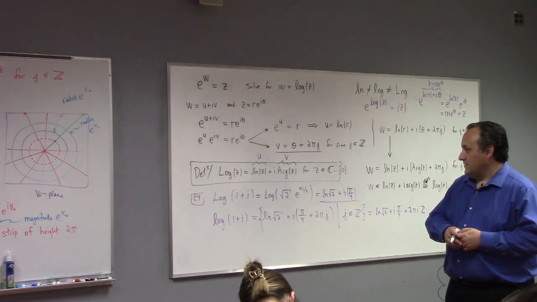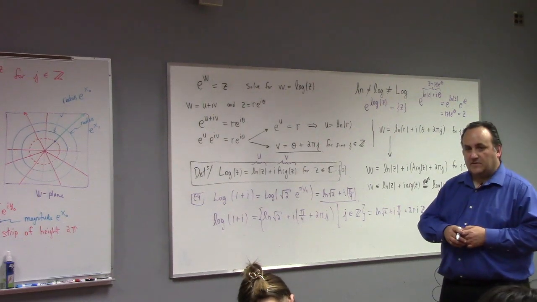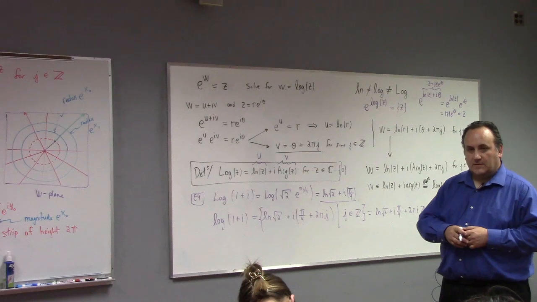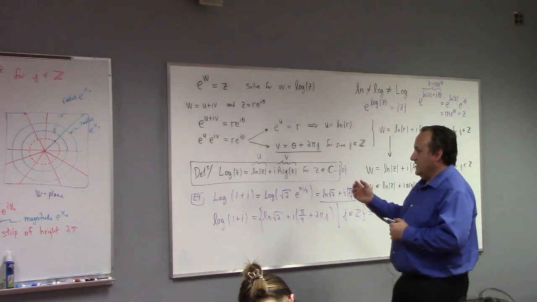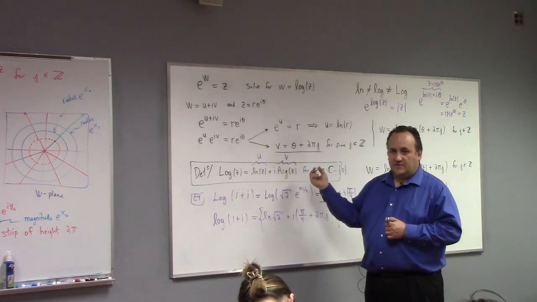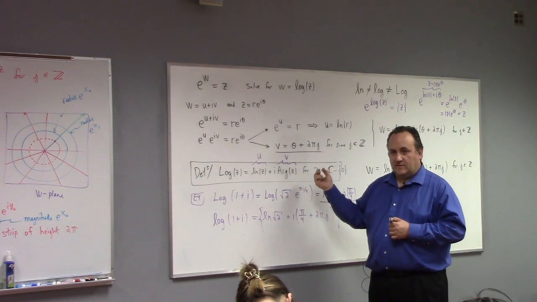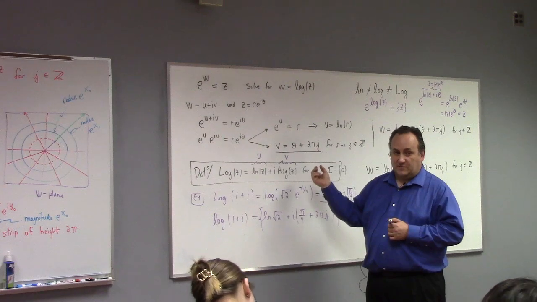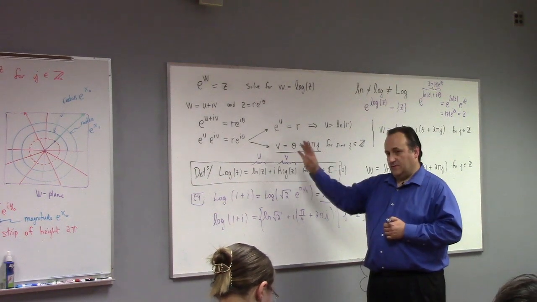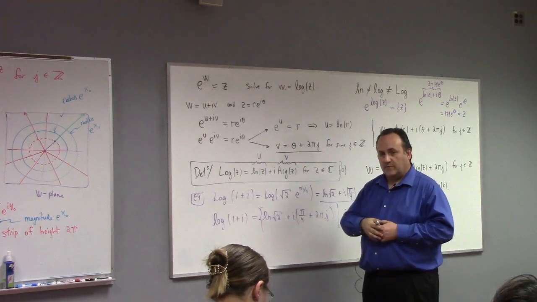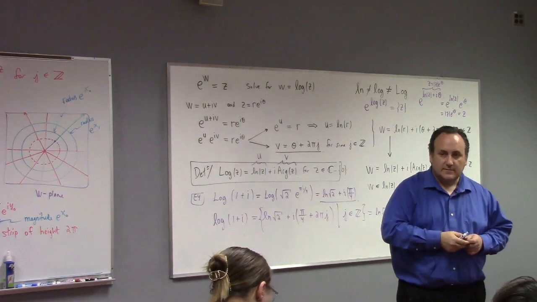The imaginary part in the logarithm is actually the standard angle function. If you want me to write a formula for that, it's inverse tangent of y over x when x is positive. It's pi over 2 if x is 0 but y is positive. It's minus pi over 2 if x is 0 but y is negative. And then it's something else in quadrants 2 and 3 where x is negative.